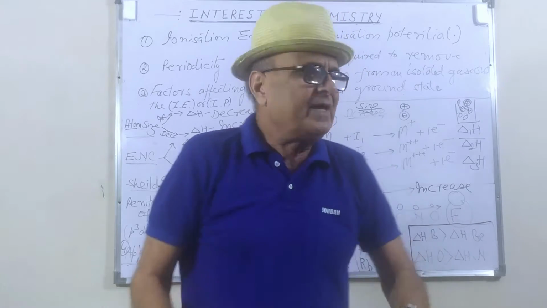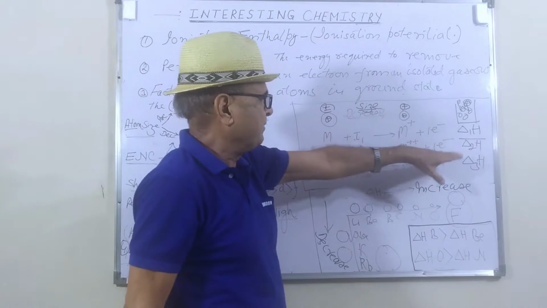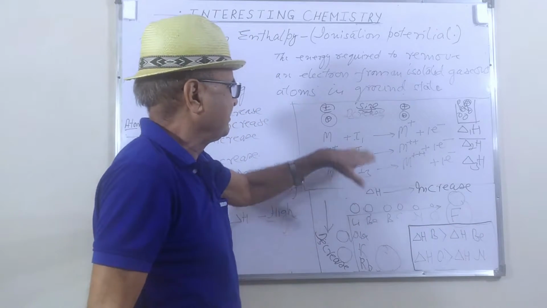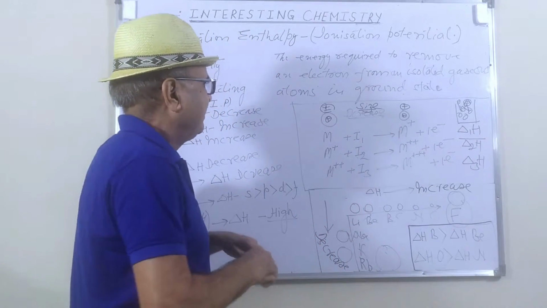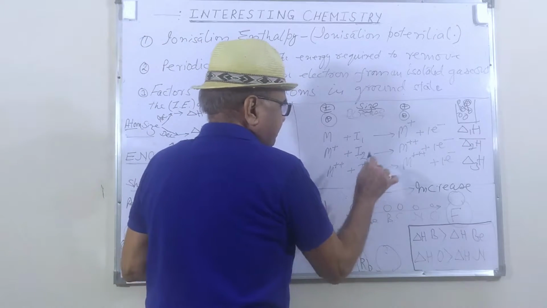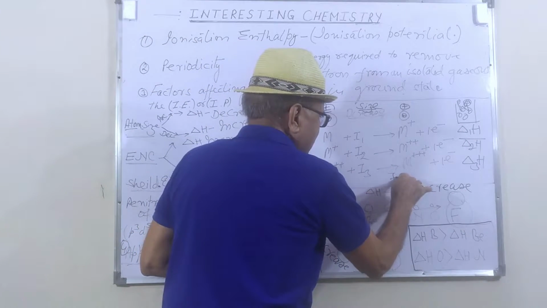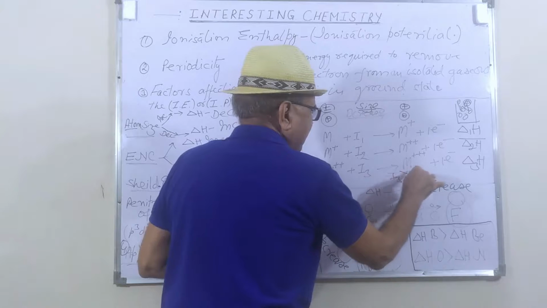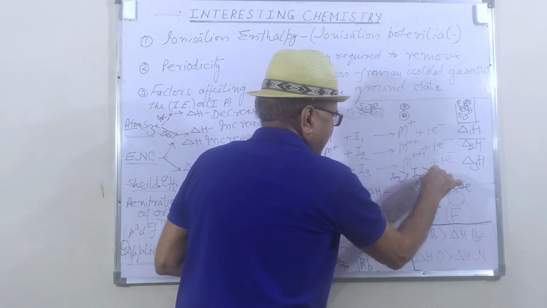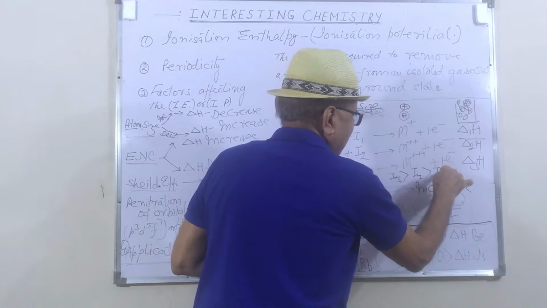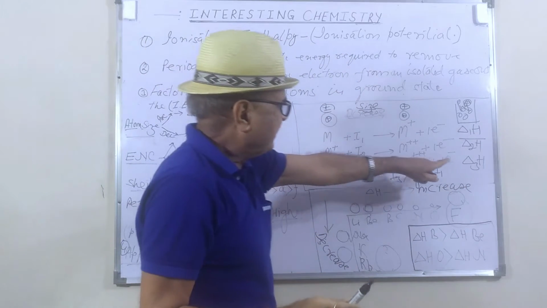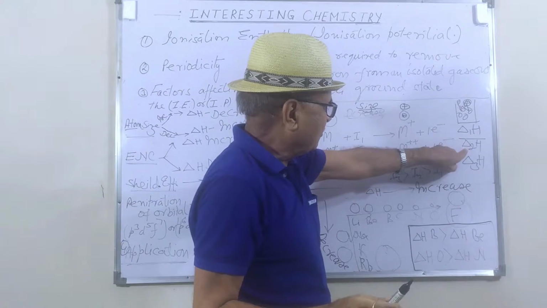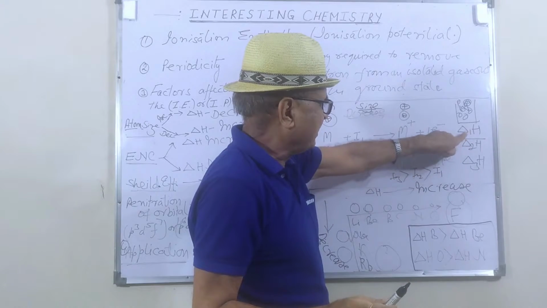Now compare these first, second and third energies, which is greater? The I3, because I3 is greater than I2 and I2 is greater than I1. So delta 3H is greater than delta 2H, and delta 2H is greater than delta 1H.